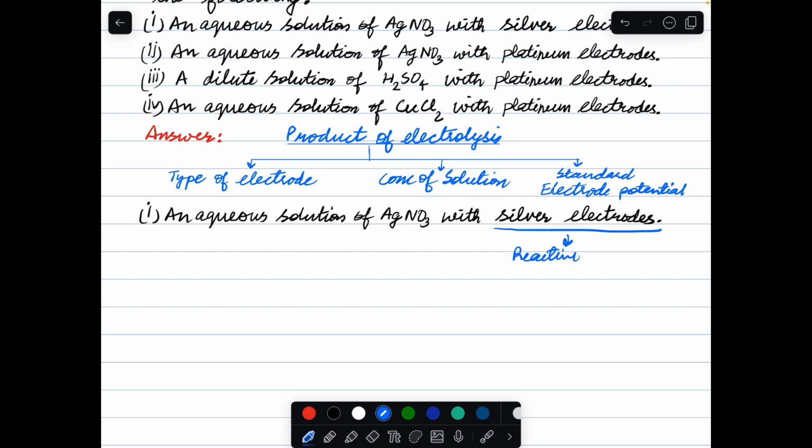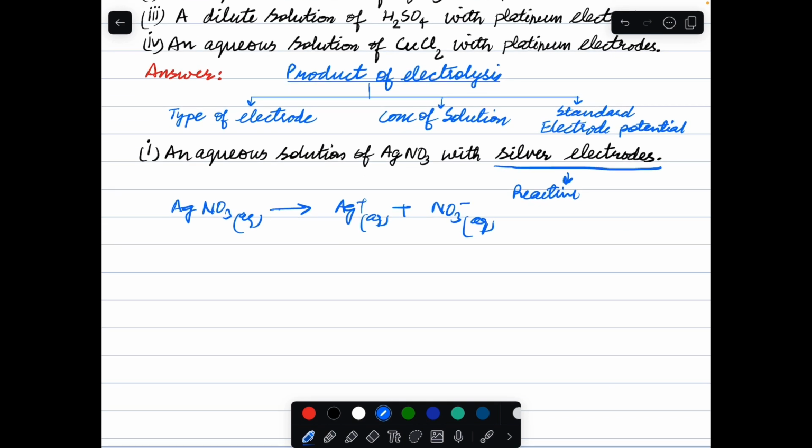Now they have given you the aqueous solution of AgNO3, so this will ionize in the solution to give you silver ion in the aqueous medium, and nitrate ion NO3 minus aqueous. Side by side, we are having ionization of water also. That is, H2O will get self-ionized as H+ and OH minus. Okay, so we are having basically 4 types of ion in the medium.